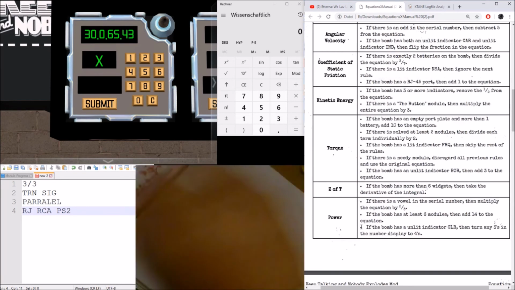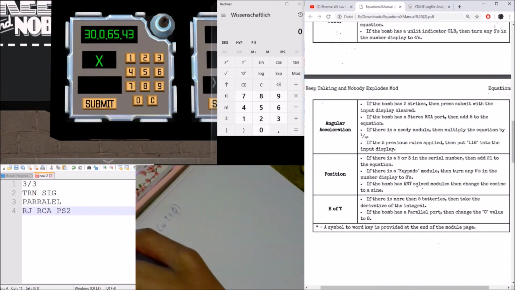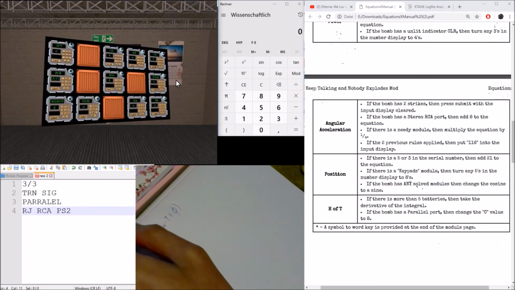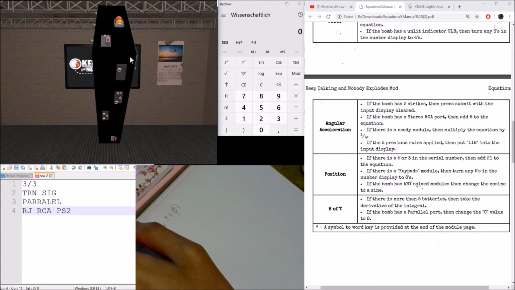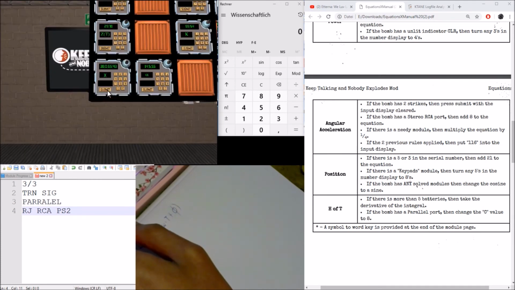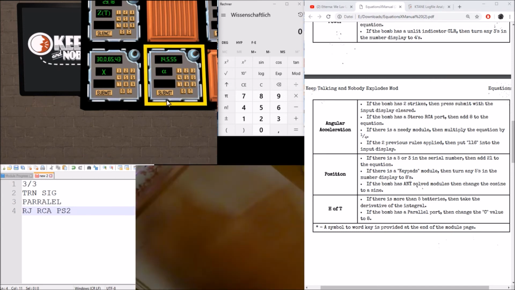Now we'll go over the rules. If there's a 5 or 4 in the serial number, do we have a 5 or a 4 in the serial number? We don't. Okay. If there's the keypad module on the bomb, yes, that means turn any 5s in the number display to 8s.